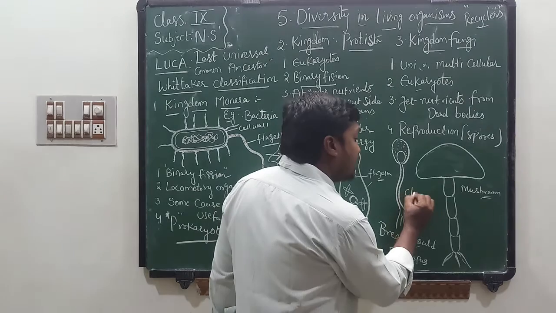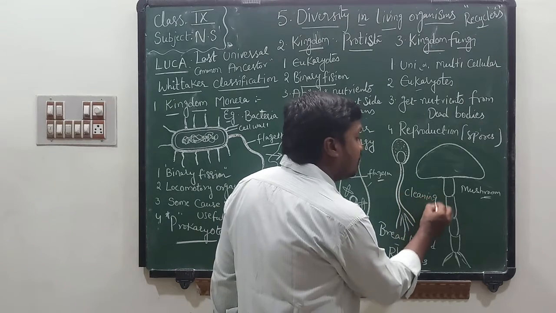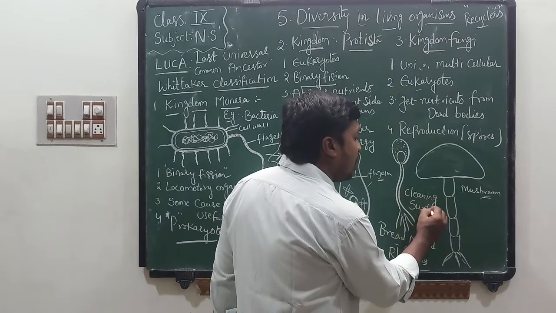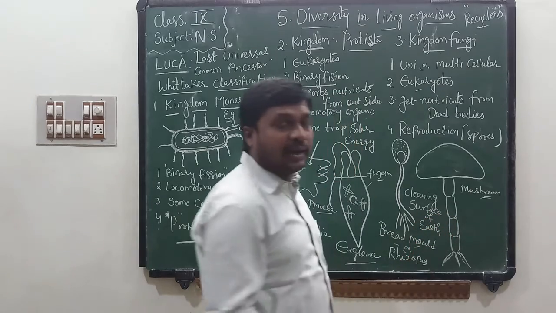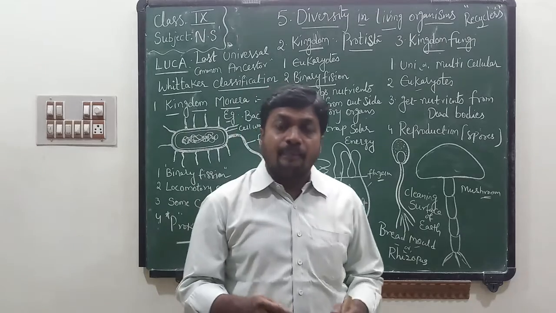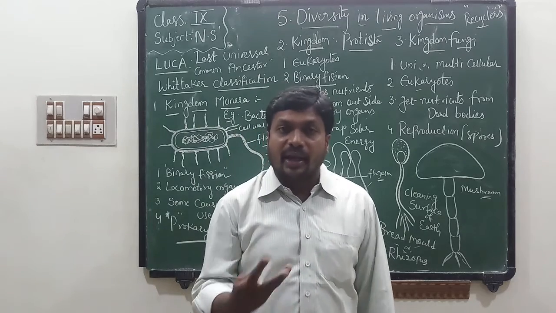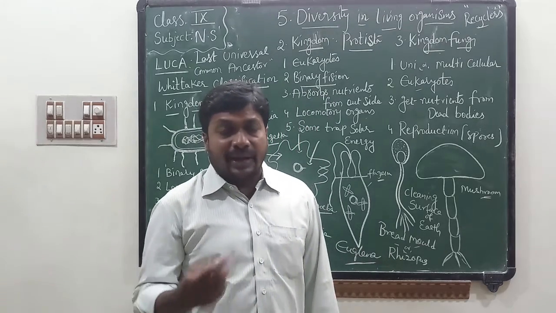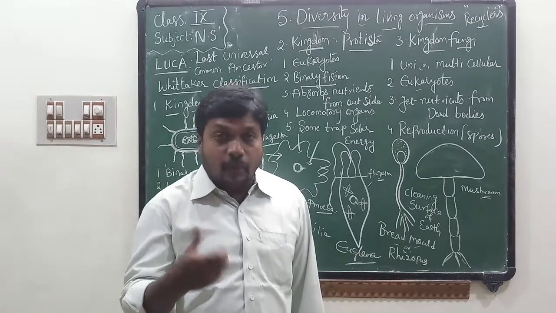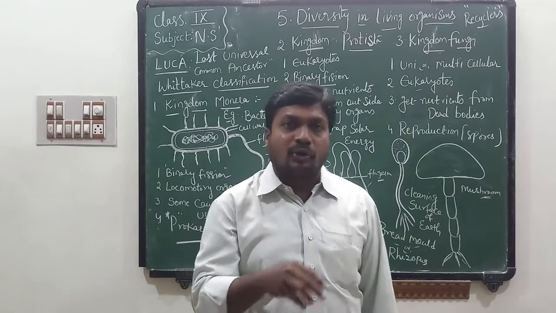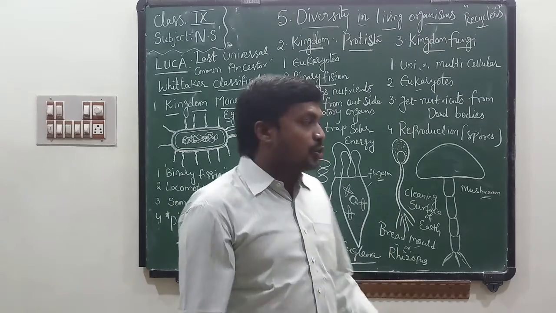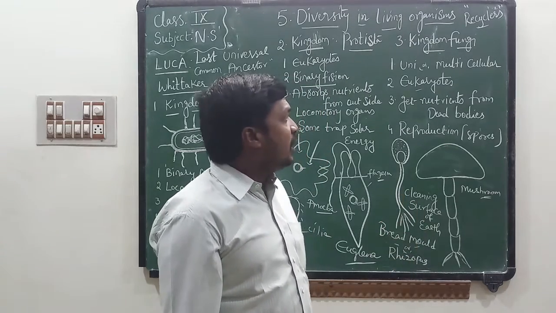They are also called cleaning the surface of the earth. What is the reason? They decompose dead bodies by releasing enzymes on them, which helps to clean the surface of the earth. So they are called cleaners of the surface of the earth.